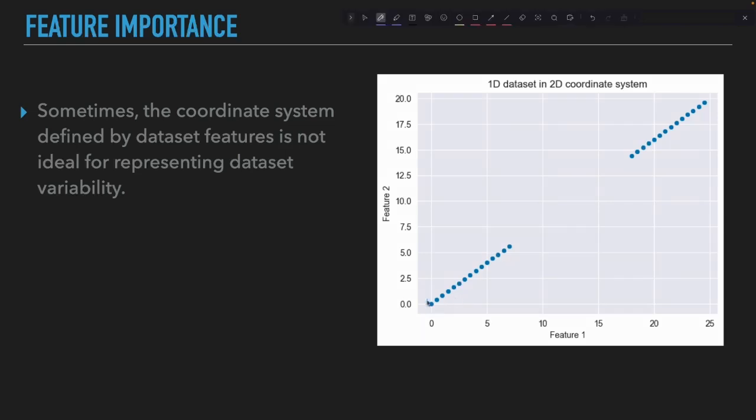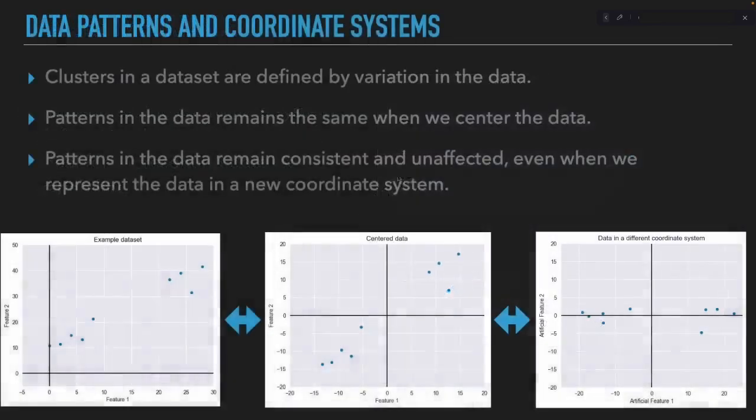And this is an excellent example. In this case, we have two features, even though we need only one. And this variability could actually be represented more efficiently by simply representing this same data in a different way.